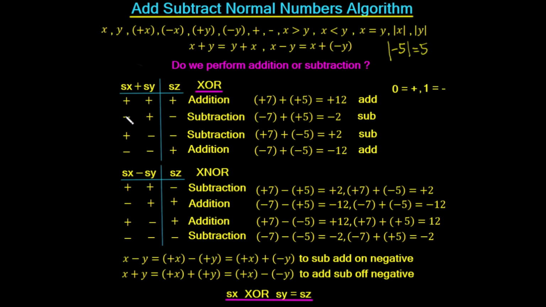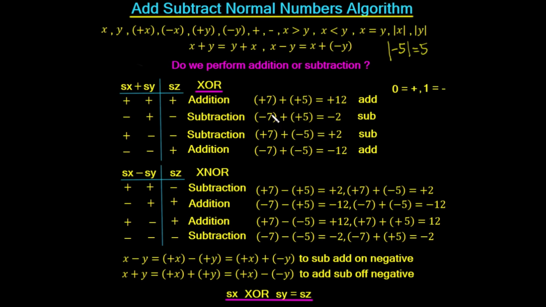But if you were to look at these other examples here, if Sx or Sy was positive and the other one was negative, then for example we could have minus 7 plus the value of our plus 5. So that's minus 7 plus 5, which is minus 2. So what we've actually done here is we've gone through a subtraction algorithm.